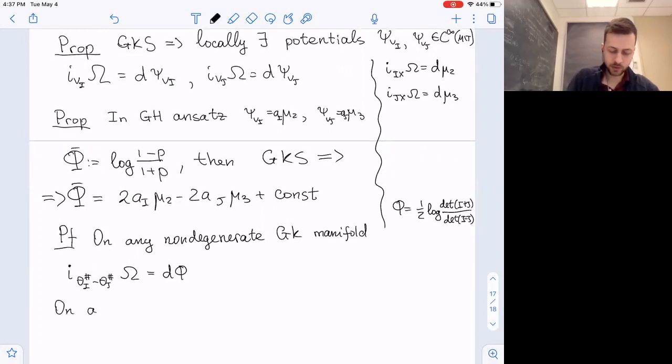And on a soliton, theta_i sharp minus theta_j sharp is exactly twice v_i minus twice v_j.